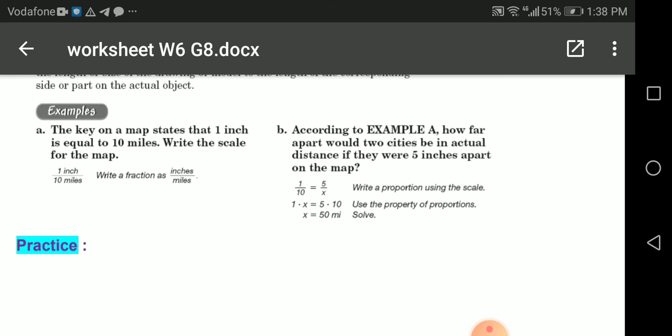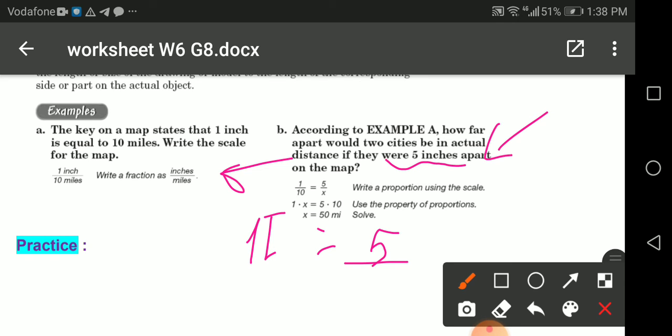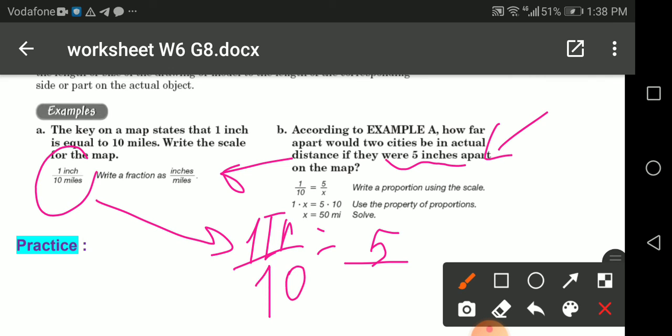According to example A, how far apart would two cities be in actual distance if they were 5 inches apart on the map? On the map it is 5 inches, and the scale is 1 inch over 10. He asks me about the actual distance.